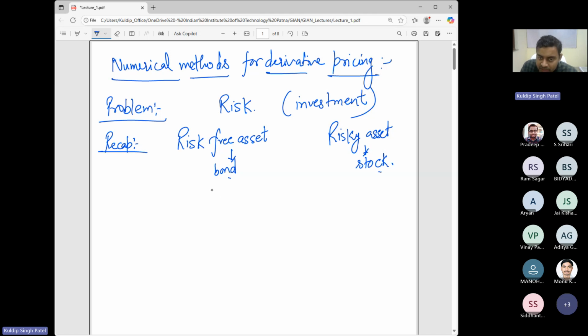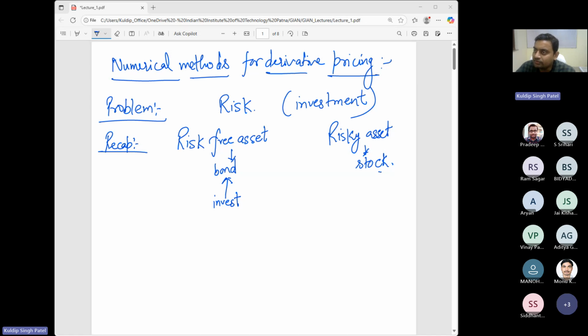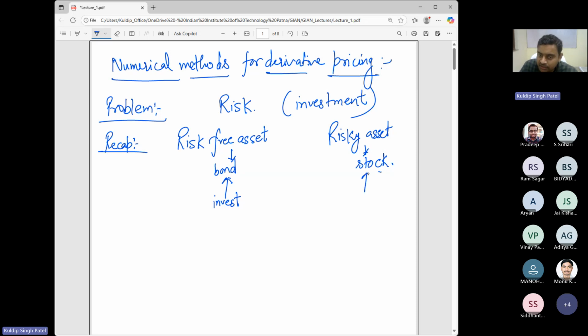When we invest in a bond, our return amount is usually fixed, that after this much time you are going to get this much money. Everyone comfortable, right? But can you say that if we invest in a stock, it is fixed?